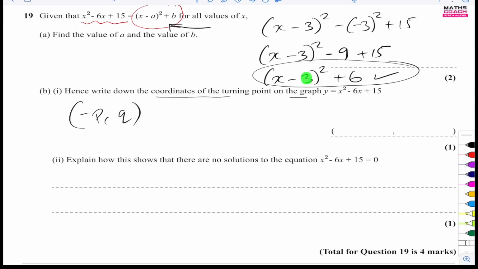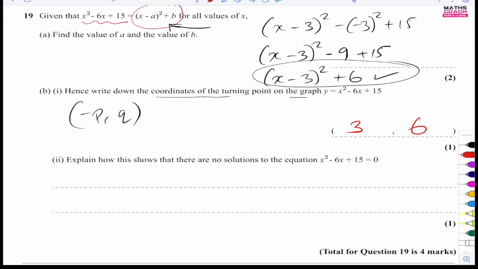So your value of p is here, and you just need to use the opposite sign. So here you got negative. So opposite of negative is a positive, so positive 3, because this minus is a constant in there. And the q is as it is. So it's a positive 6, so 3, 6 is your coordinate.